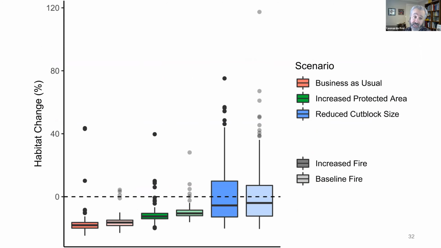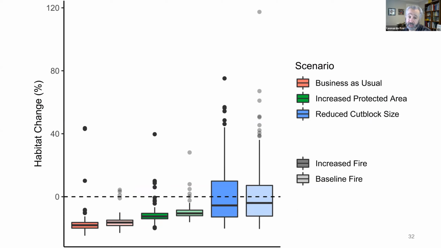And again, this summarizes those. So the red colors represent the business as usual scenario, projecting the largest decrease in habitat over the simulation time period. The green reduces that somewhat. That's for the protected area scenario. And then the blue represents the scenarios with reduced cut block size.